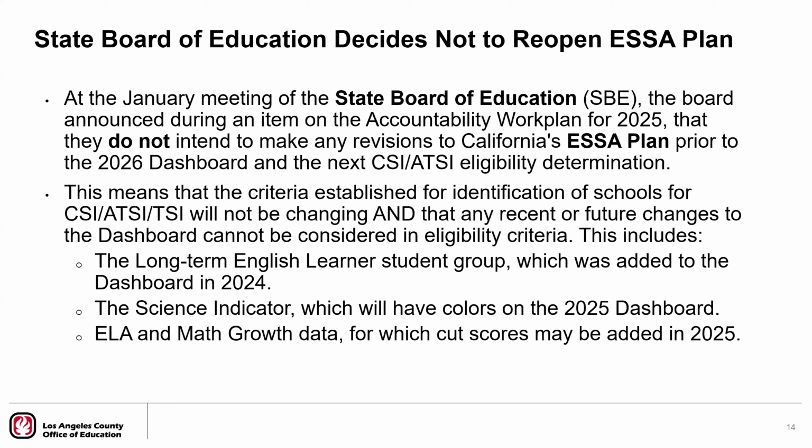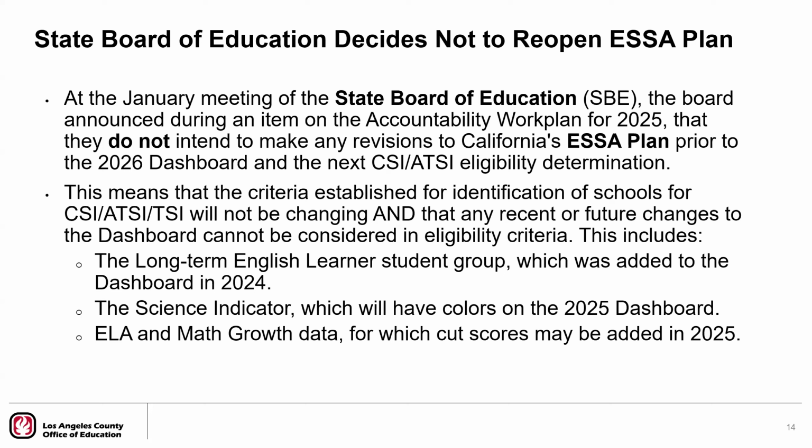So among the changes that happened at the dashboard that you'll notice, first of all, the addition of the long-term English learner student group, a new student group that was added to the dashboard in 2024. They wouldn't be identified this year anyway, because you have to have 2 years worth of data to meet it, but they won't be included moving forward. So your long-term English learner group would not be a factor in being identified for any of the ESSA eligibility criteria.